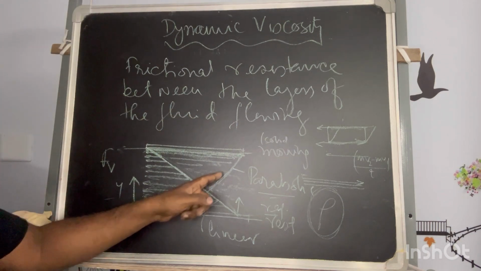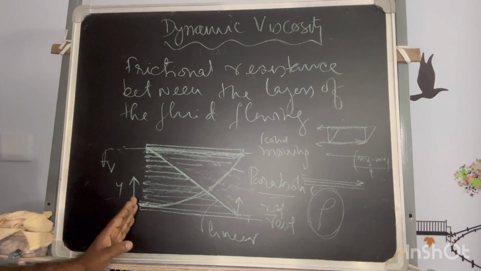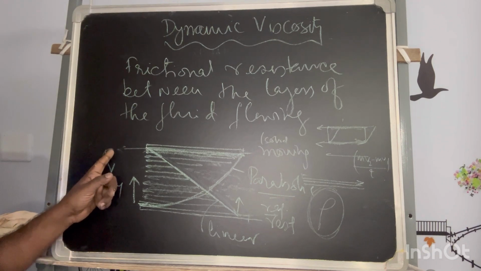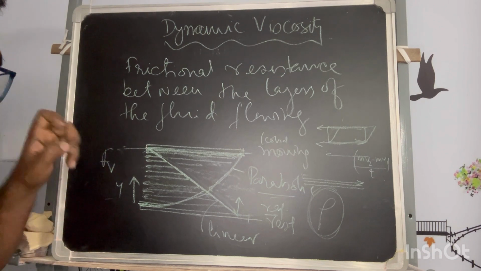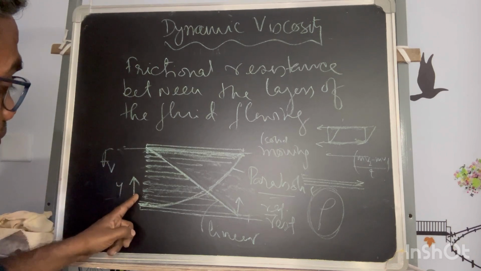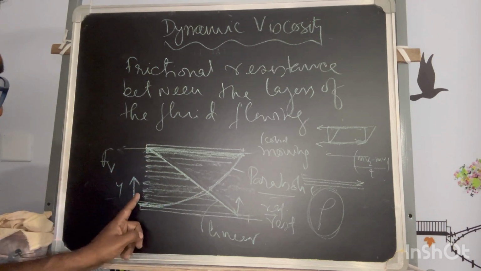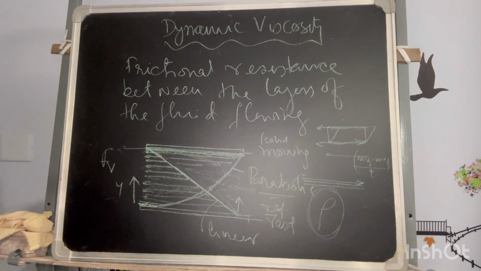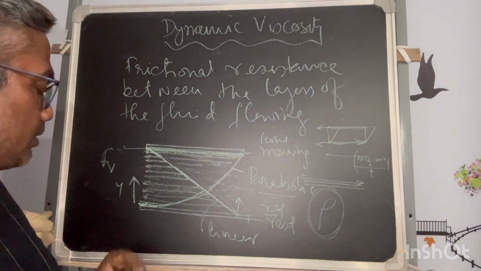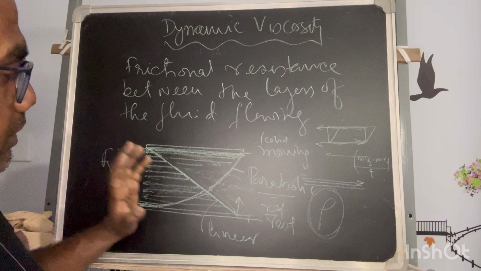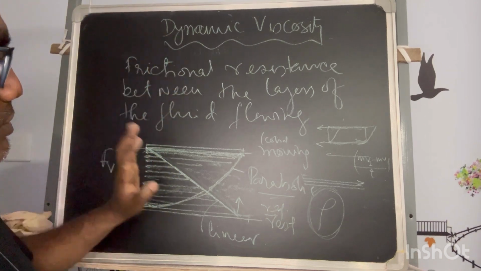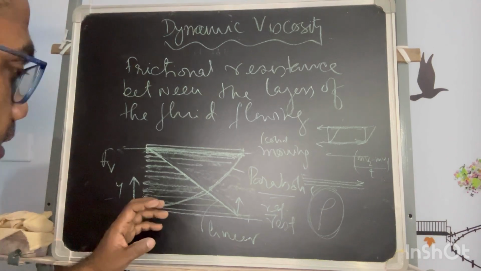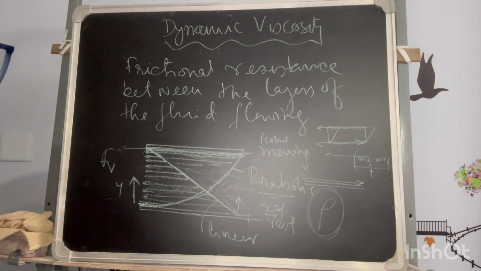The velocity will go on increasing as we move from the rest to the moving plane, and the shear force, or the viscosity force, will go on decreasing. So this is the flow diagram for a laminar flow with viscosity for a Newtonian fluid. Okay, so here I will stop my lecture today.